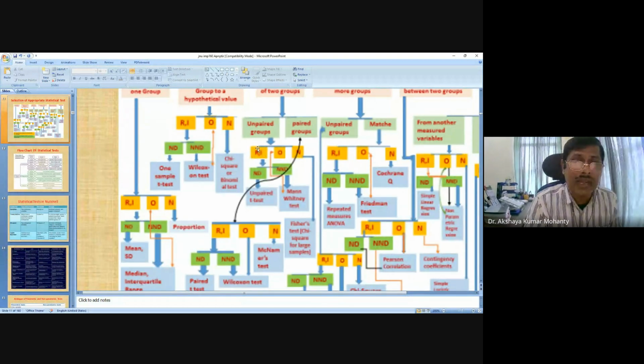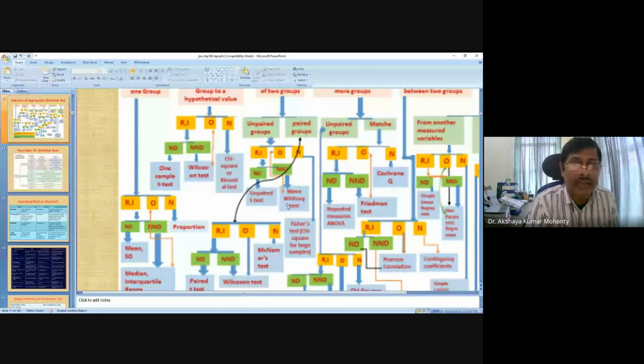If data under these three categories or scales follows a non-normal distribution, then you have only one option.